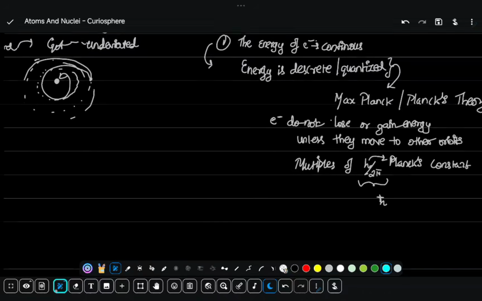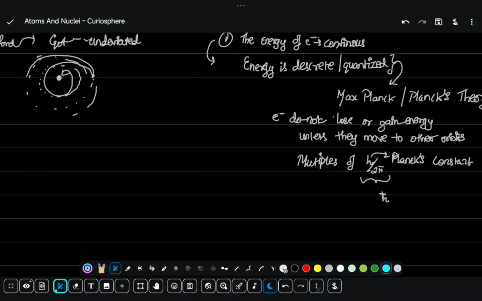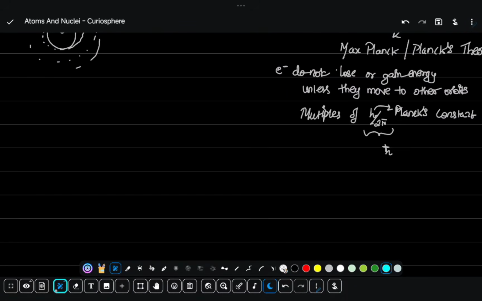The first postulate is that, as I already told you, he explained that the centripetal force for the electrons, mv squared by r, where v is the velocity of the electrons and r is the radius of the orbit of the electrons, is given by the electrostatic interaction between the positively charged nucleus and the negatively charged electrons.